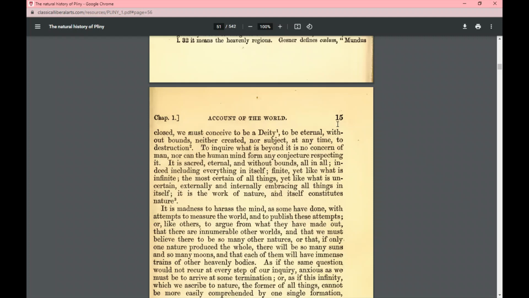Total waste of time. To inquire what is beyond the world is no concern of man, nor can the human mind form any conjecture respecting it. You're not going to come up with any reasonable idea about what's out there except craziness, like aliens, right?